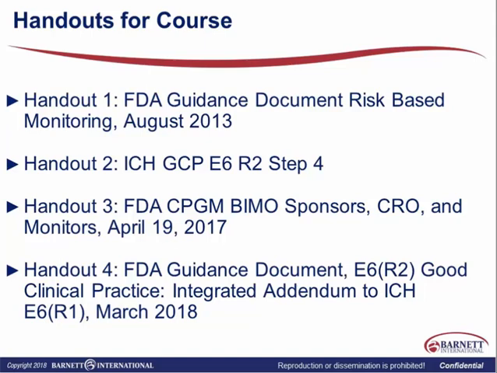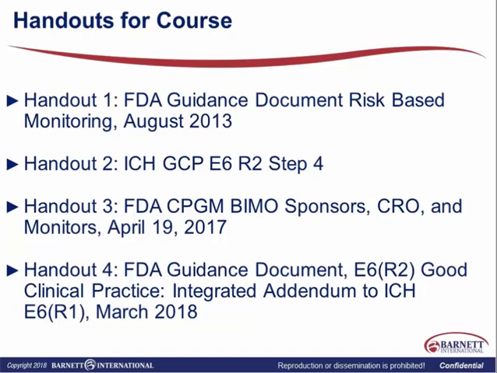You have 4 handouts. The first one is the FDA guidance document on risk-based monitoring. The second handout is the ICH GCP E6R2 Addendum. We also have the FDA CPGM, or the BIMO, for sponsors, CRO, and monitors.